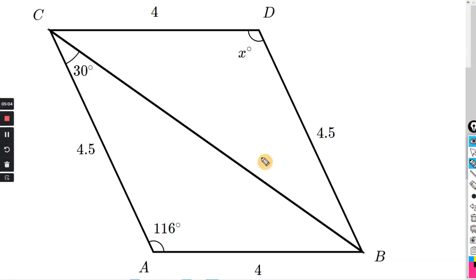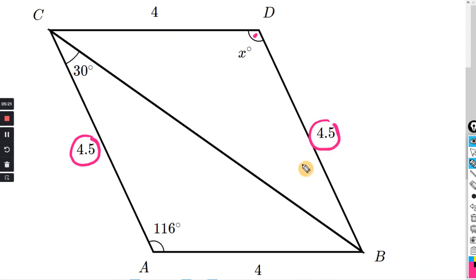Last one. Once again, we're looking to solve for x. On this one, it's a tiny bit different. We see the two congruent sides, 4.5 on both, and this one is 4.5.